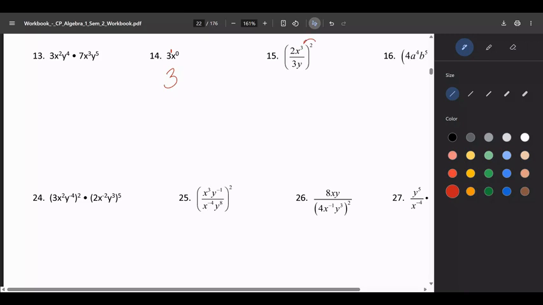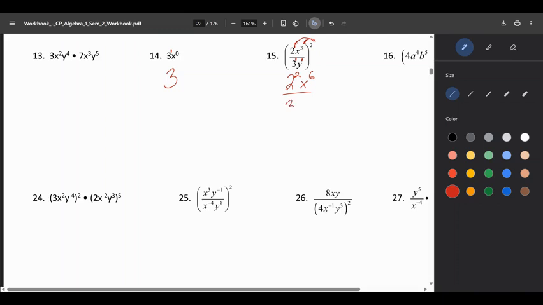And number 15, we've got to remember that the 2 is going to get distributed to the exponents in the problem. I just added a 1 next to the 2, a 1 next to the 3, and a 1 next to the y to emphasize that 2 will now be to the power of 2. X to the power of 3 is 3 times 2, so x to the power of 6.